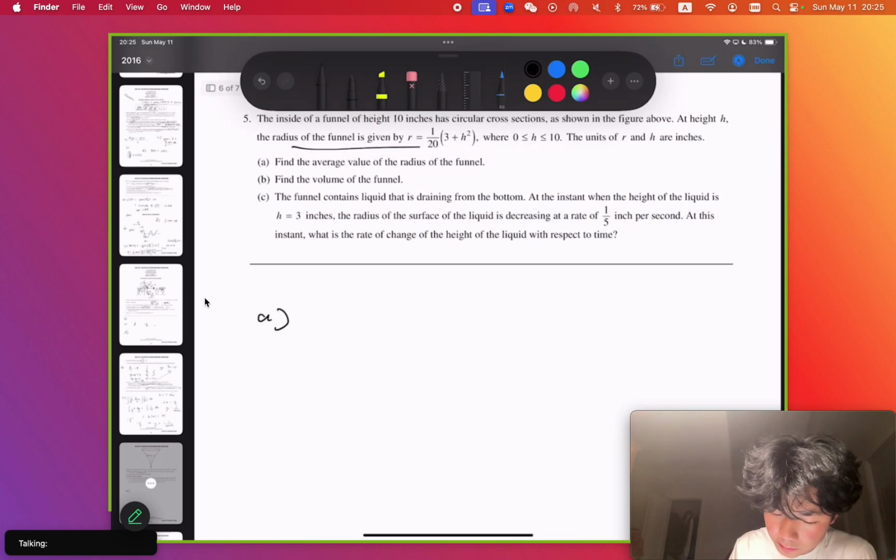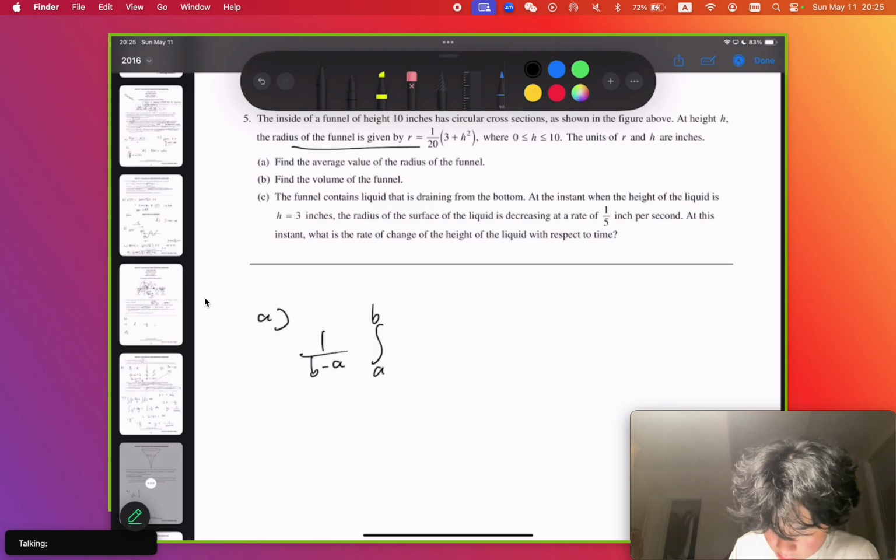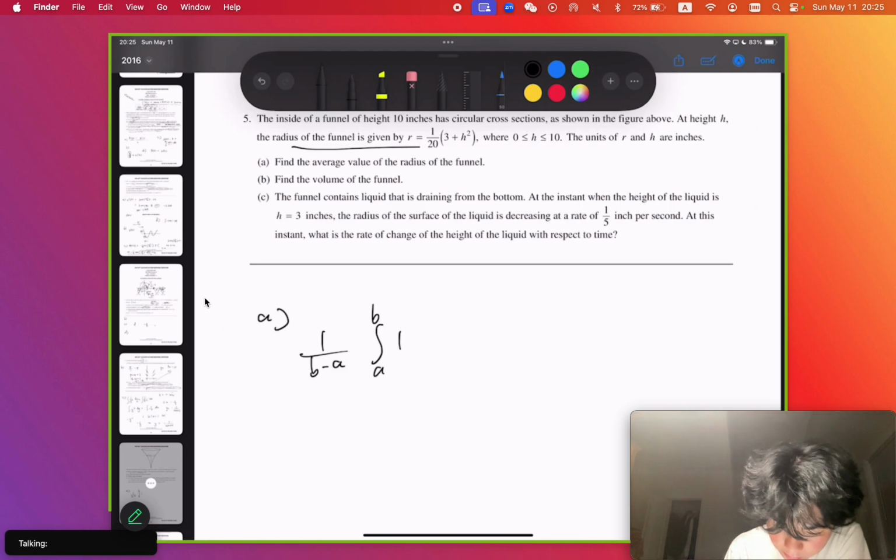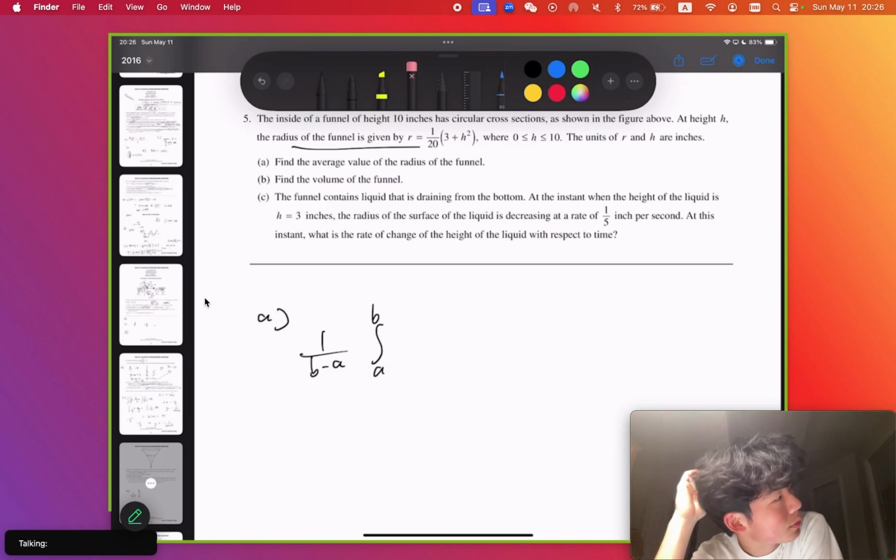The average distance formula is 1 over b minus a, from a to b of like the velocity, I would say. Yeah, I think, oh no, this is the average distance. I mean, no, average position, average speed.